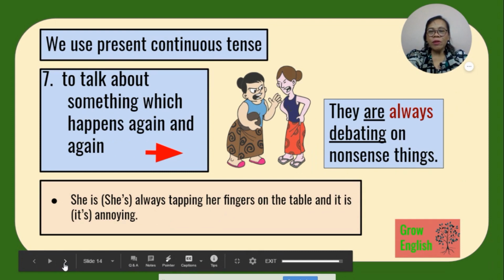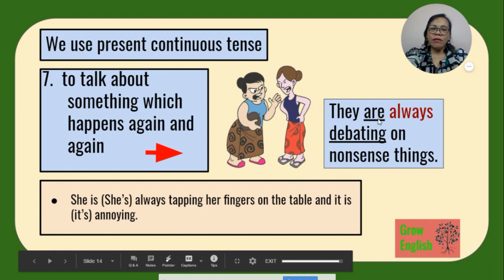Now, number 7. We use the present continuous tense to talk about something which happens again and again. All right, what do I mean by this? The example here is: they are always debating on nonsense things. So these two women don't just debate once, but they always do this thing, the debating on nonsense things. Okay, kind of funny.